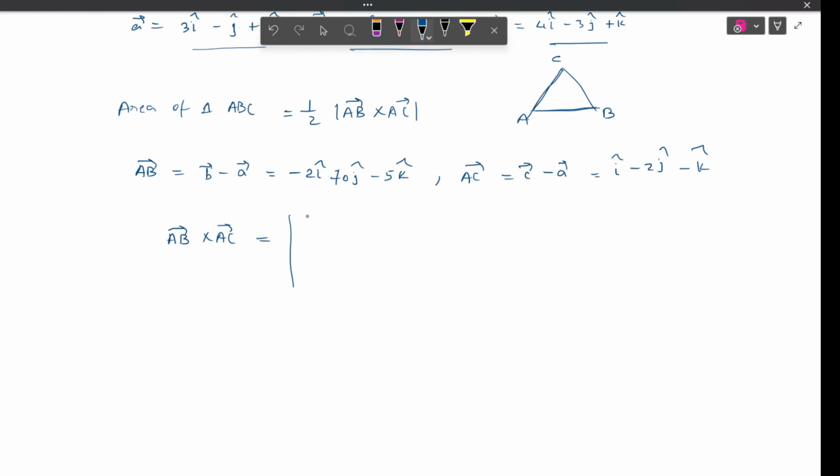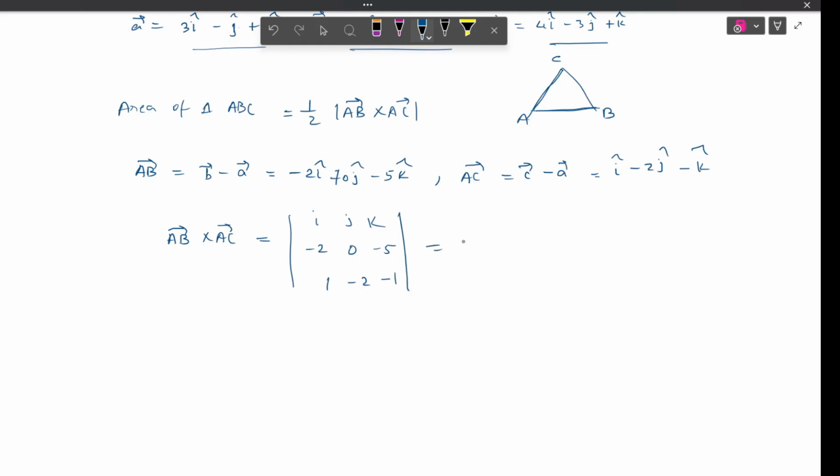So this is I, j, k, and AB vector is this: minus 2, 0, minus 5, and AC vector is this: the components are 1, minus 2, minus 1.